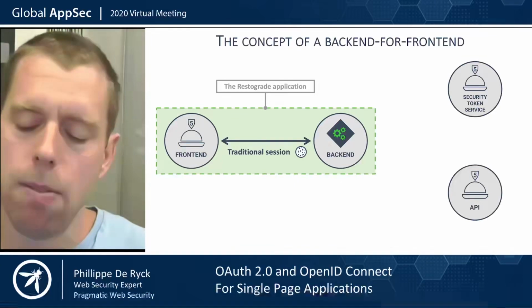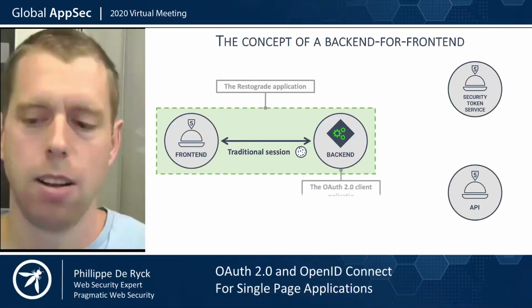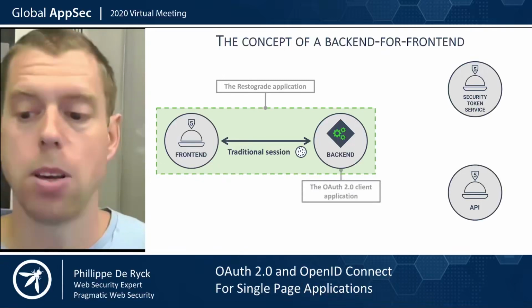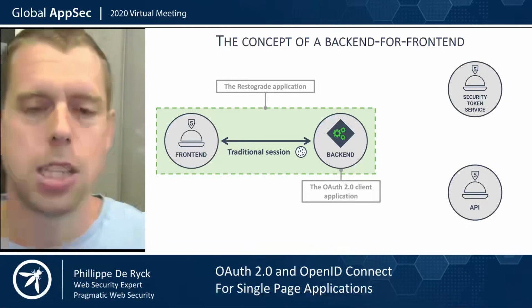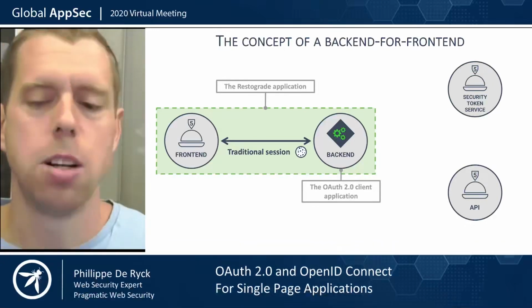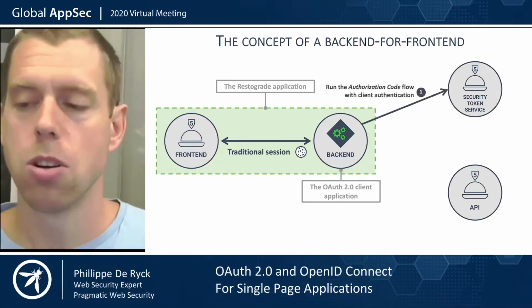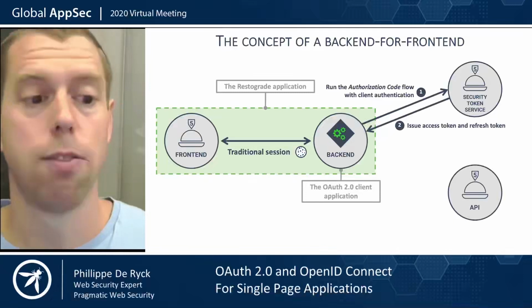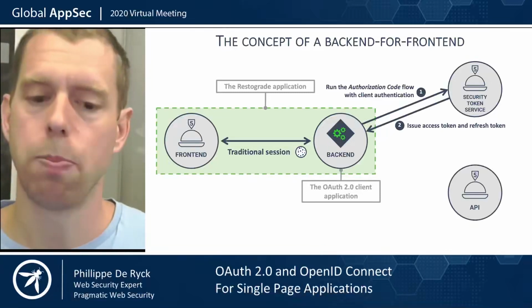The key aspect of a backend for frontend is that the backend, or the BFF, basically becomes our OAuth client application. It's no longer the frontend that's going to request tokens and attach them to requests. No, it's going to be a backend. That backend is going to run an authorization code flow with client authentication for backend web applications, and it's going to get an access token and a refresh token.